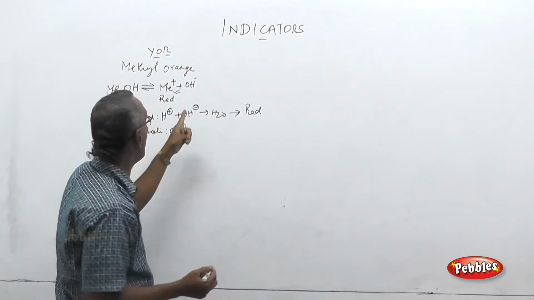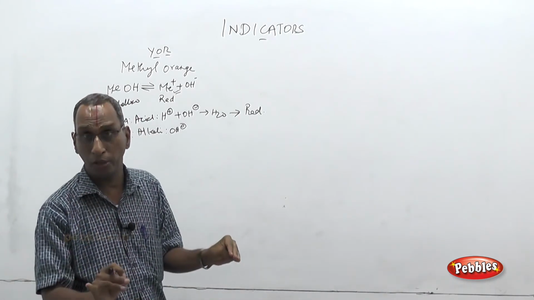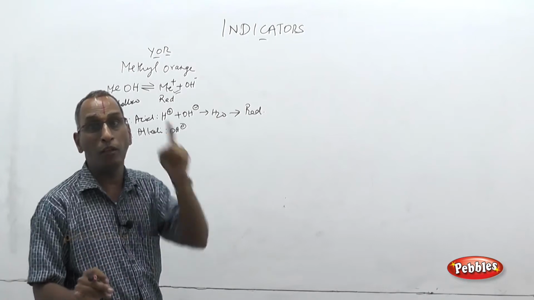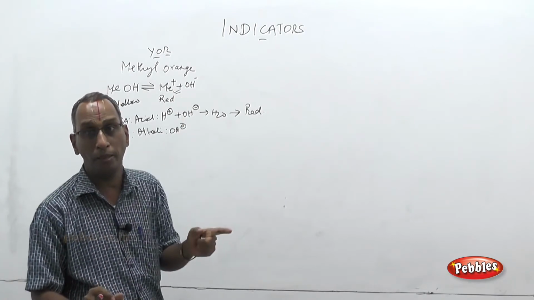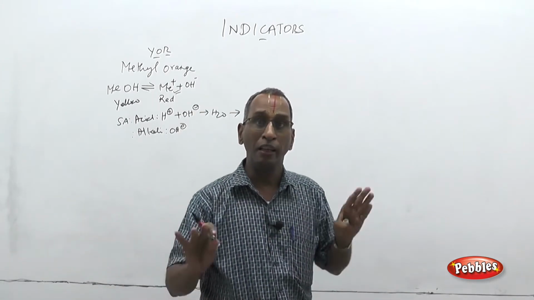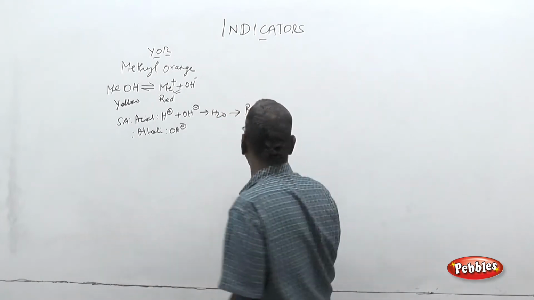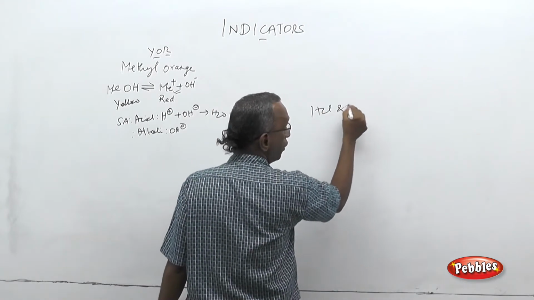In all these cases, we explained only with respect to strong acid and strong base. The question arises: if one of the components is weak, what happens? Both indicators can be used if the acid as well as the base is strong. Here we illustrated only with HCl and NaOH.